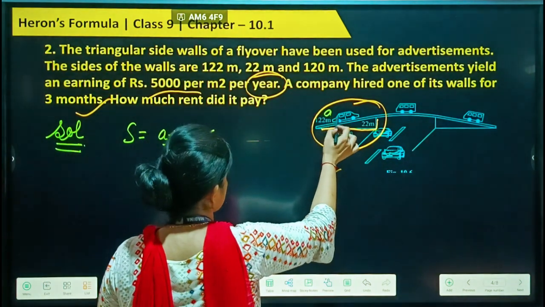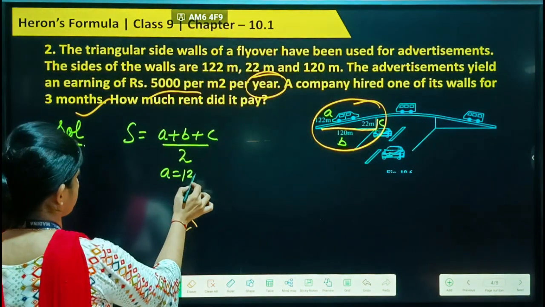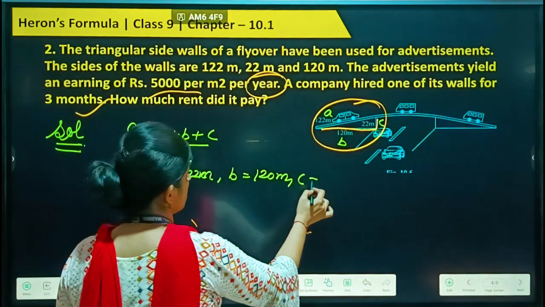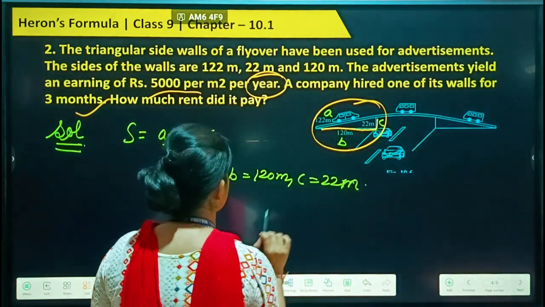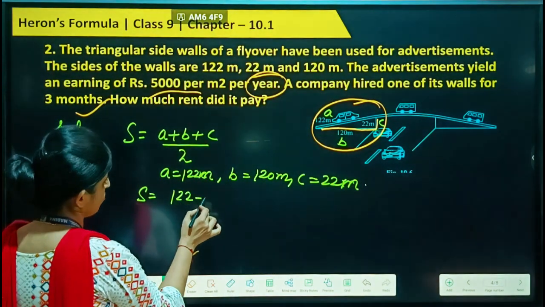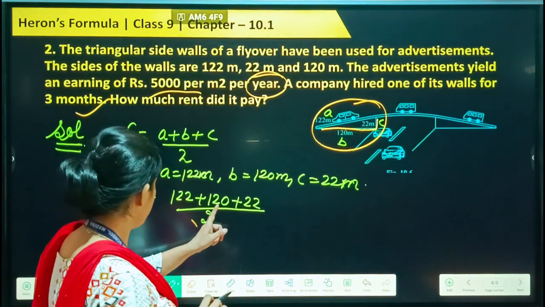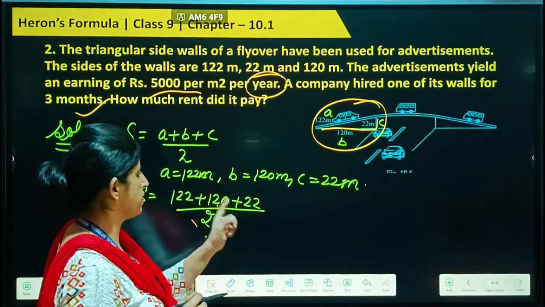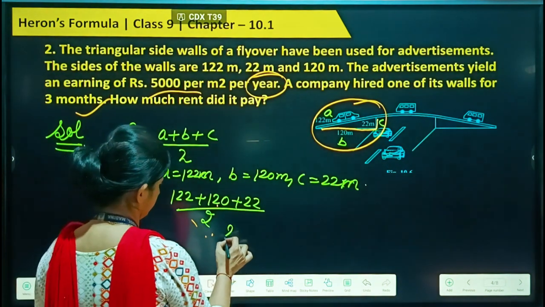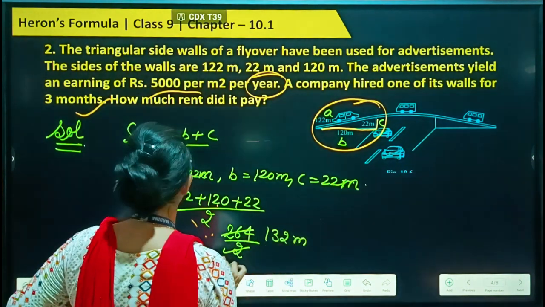Any side we will name A, B and C. So A is 122 meter, B is 120 meter and C is 22 meter. ठीक है, now put this. A is 122, B is 120, C is 22, by 2. देखो, 120 plus 120, 240, 240 plus 20, 260, 264 by 2. 132 meter came, that is the semi parameter.